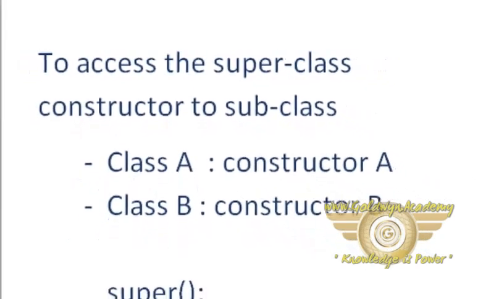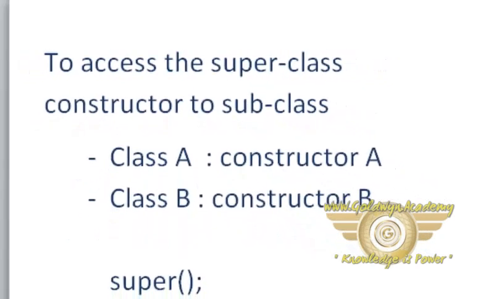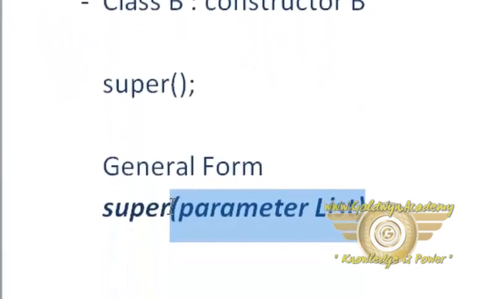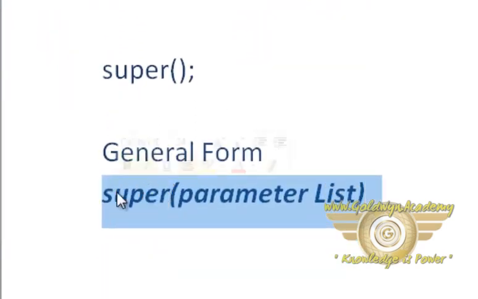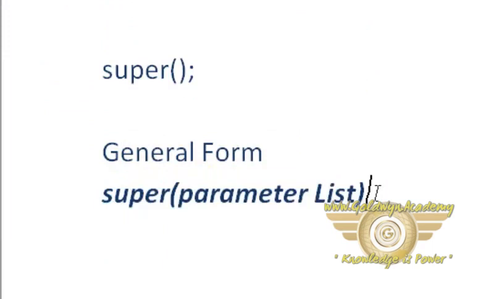Now to access the superclass constructor from the subclass, class A has constructor A, class B has constructor B. General form to access the constructor of the superclass: we just need to write super. If there is a parameter, then you should write super, parameter list, semicolon.